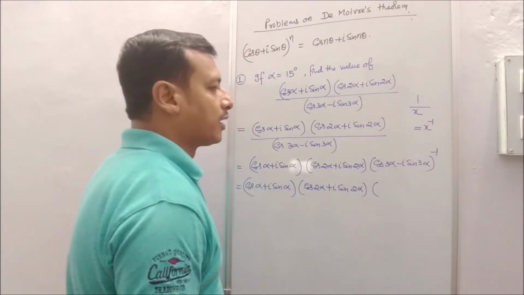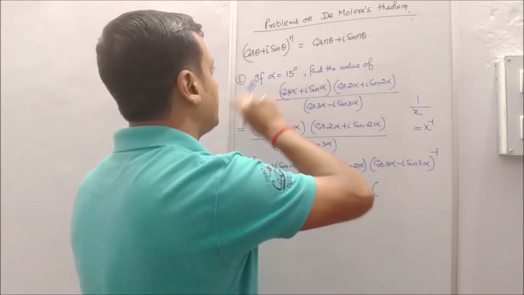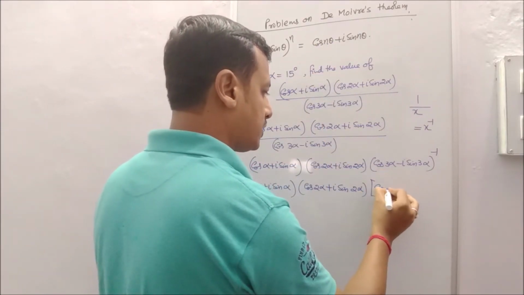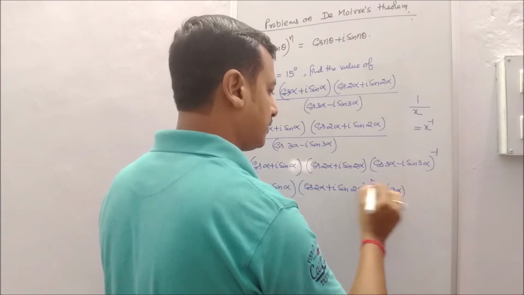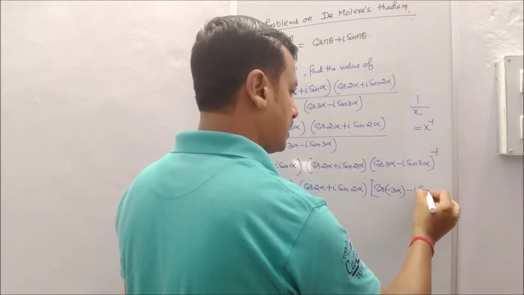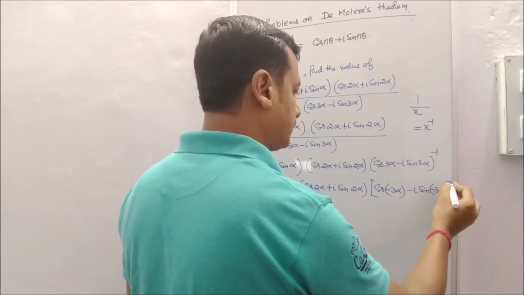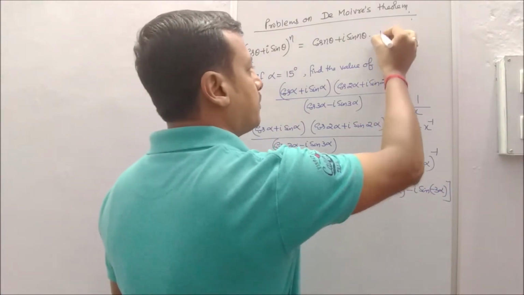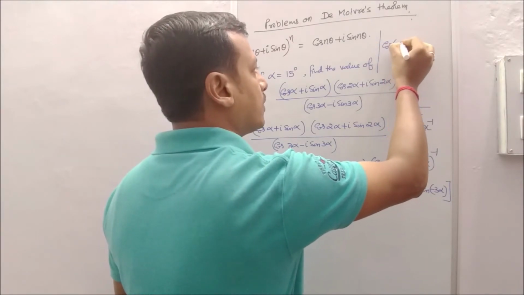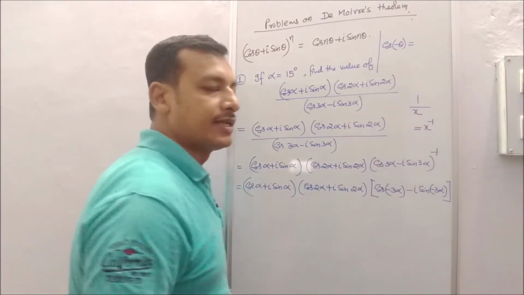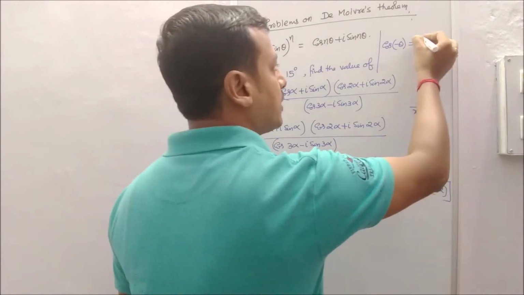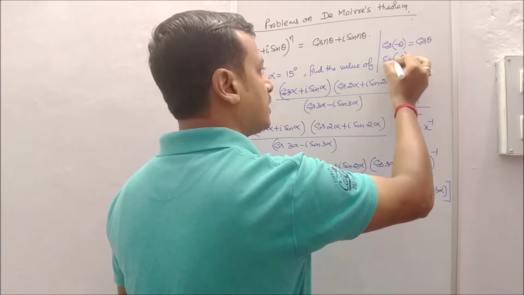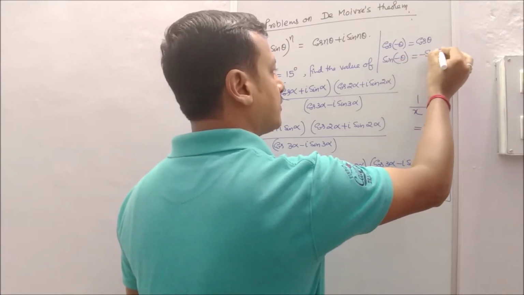Here using the property we get cos minus of 3 alpha, I sin minus of 3 alpha. Using the property of cos and sine angle, cos minus of theta is equal to cos theta, sine minus of theta is equal to minus sine theta.